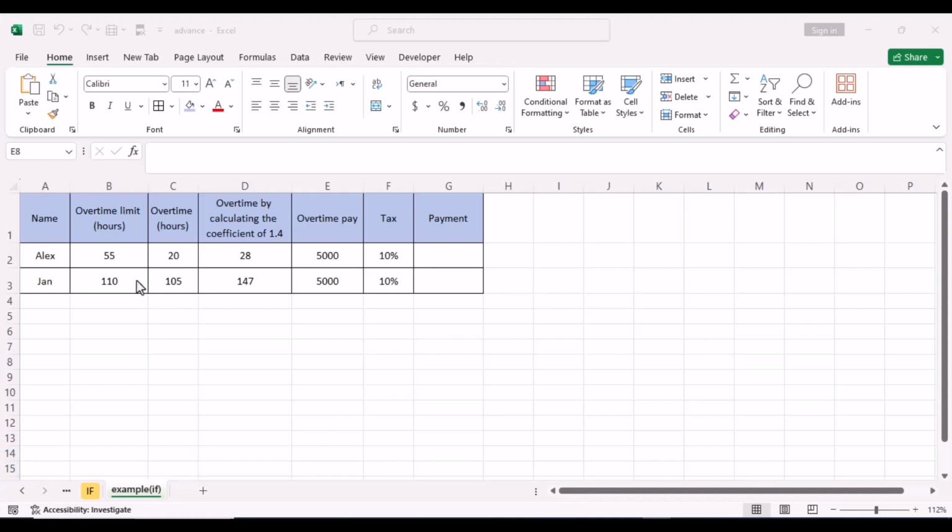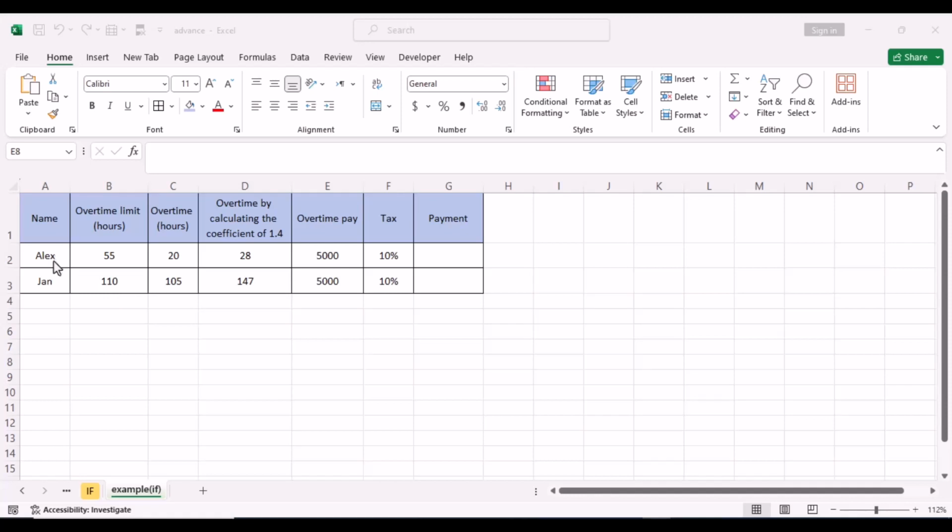As you can see, we have a table here that shows us the overtime ceiling, overtime hours, taxes, and employees. See, for Alex, 55 hours is defined as the overtime limit. And for Jan, 110 hours of overtime is defined.